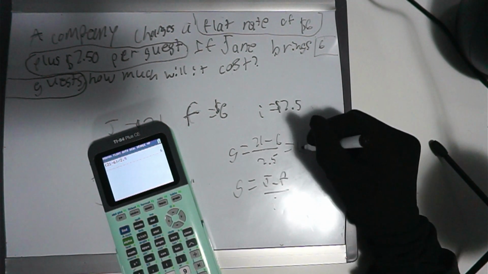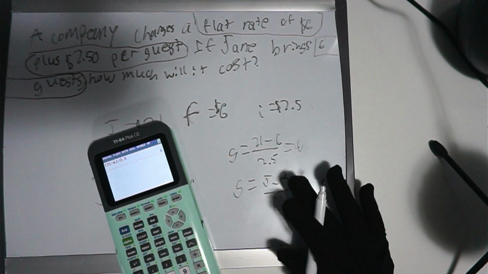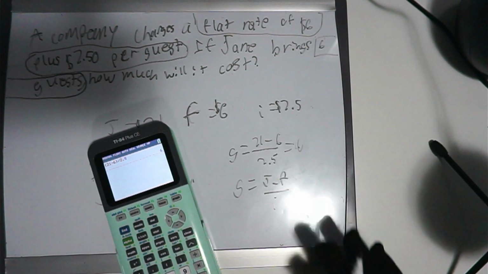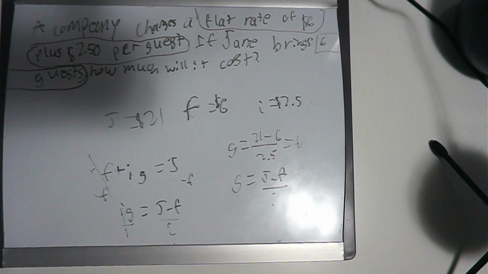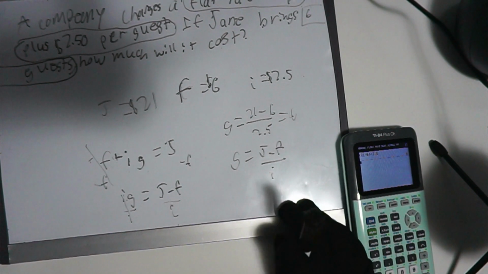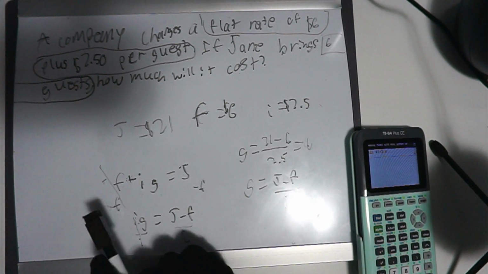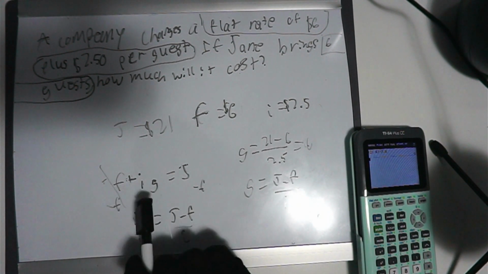So if you wanted to find anything, you can move the variables around and find each individual variable if you have the rest. Keep in mind, this only works if you're missing one variable. So in this equation, we had 4 variables: F, I, g, and J, and we only were missing 1.